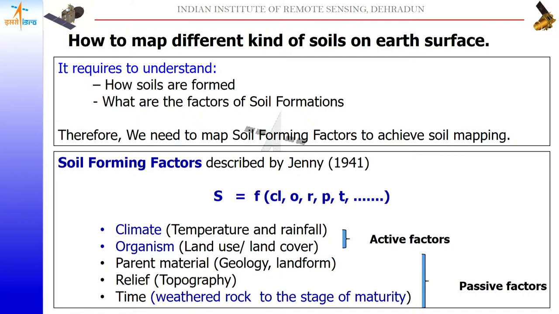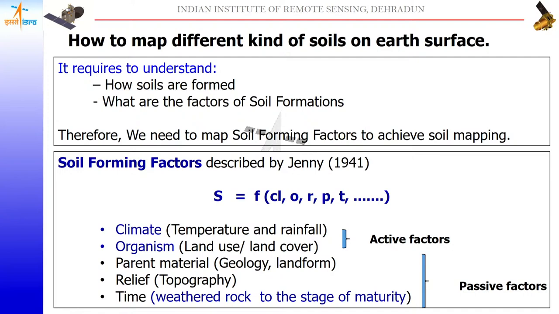As we know, the scientist Jenny in 1941 established that soil is developed because of 5 factors. The first factors are climate and organism. Organism means land use land cover. These 2 factors are active factors. Why am I saying active factors? Because they provide energy to the system, to the soil.